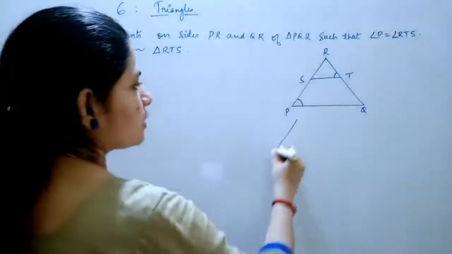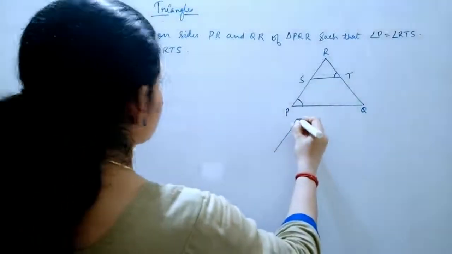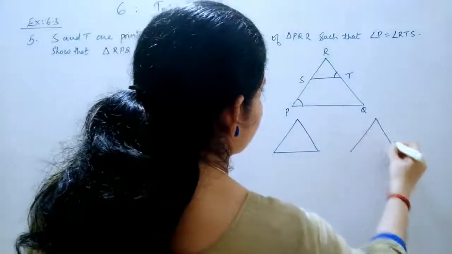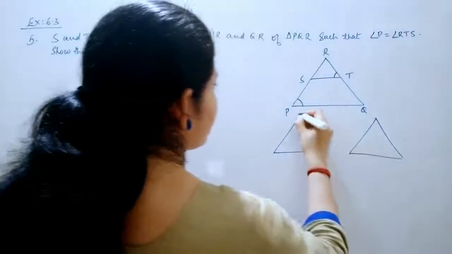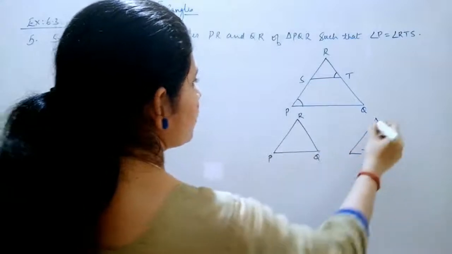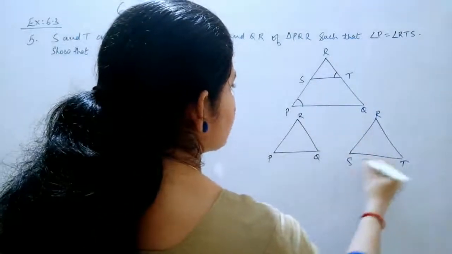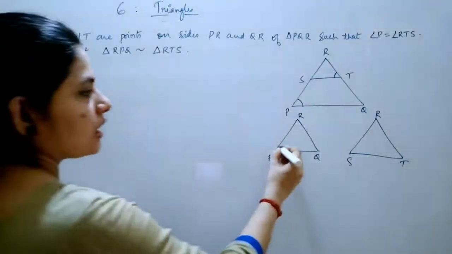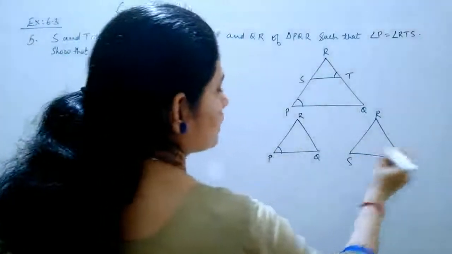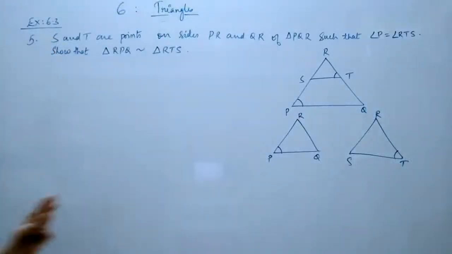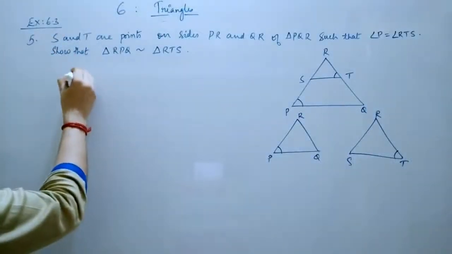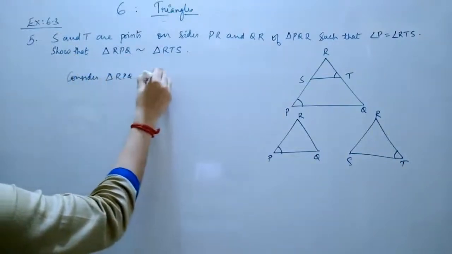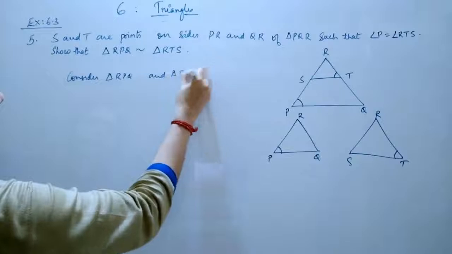We need to prove that these two triangles are similar. So I am just separately drawing the two triangles, that is RPQ and RTS. This clear? Okay, so this angle is equal to this angle, given in the question. Now we will start with considering the two triangles separately, triangle RPQ and triangle RTS.